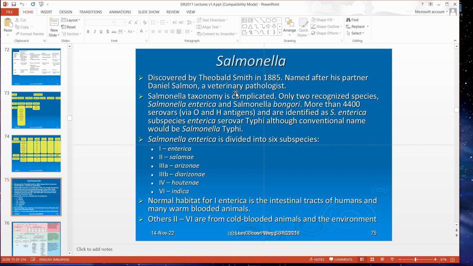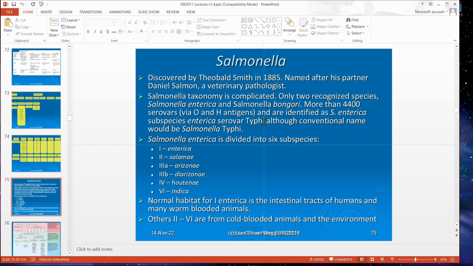This was discovered by Theobald Smith, and he named it after his partner, Daniel Salmon. Salmonella taxonomy was very, very messy in the past, with over 4,000 serovars. So when you get a Salmonella, you have to start doing serology tests.